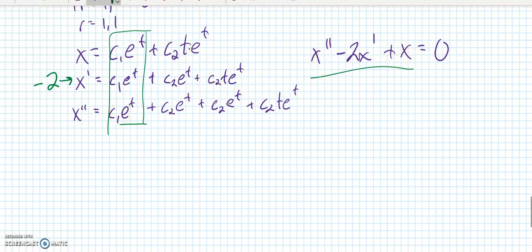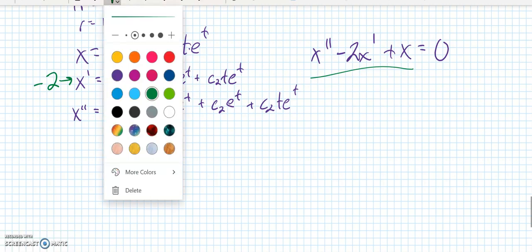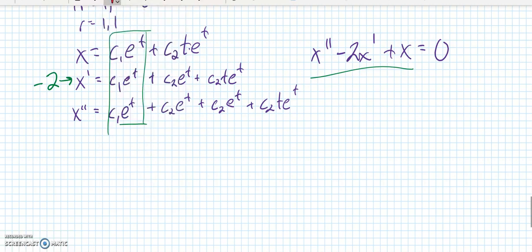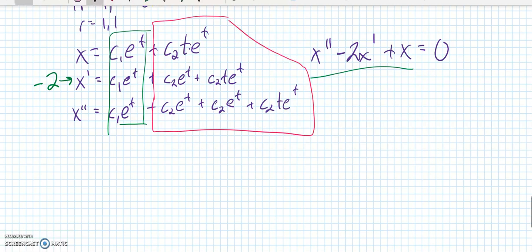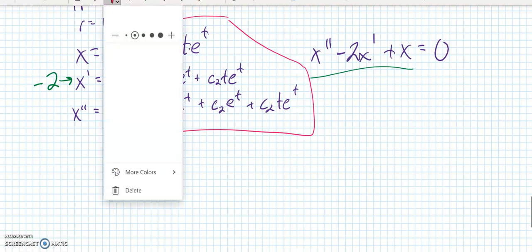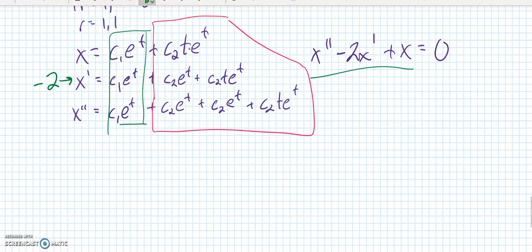Now let's look at this mess over here. I've got that guy. I think you should see that it works out. We'll use a highlighter. This guy would get this minus 2, and then would get added to this and this. So this term right here cancels with those guys, right? And then look at this.